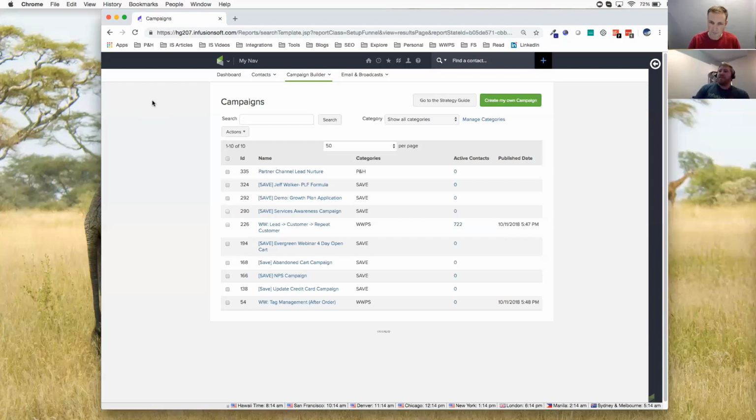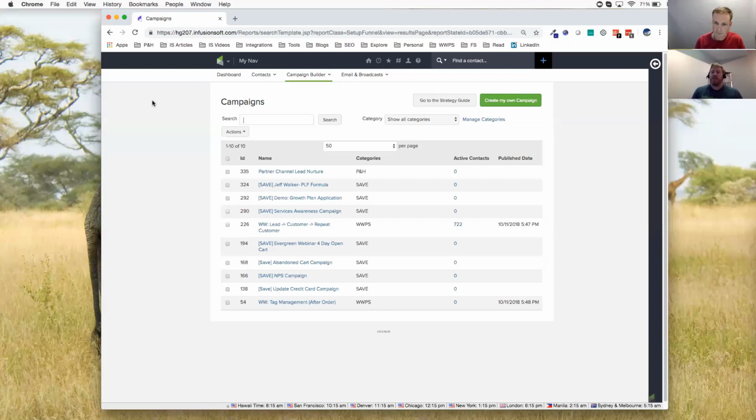And where the segmentation piece comes in handy is, as you can imagine, it makes a lot of sense to communicate with people based on how they've interacted with your company in the past. If someone is a new customer of mine, I want to treat them differently than if they've interacted with me 3 or 4 or 5 times, right? So that's where the segmentation piece comes in handy.